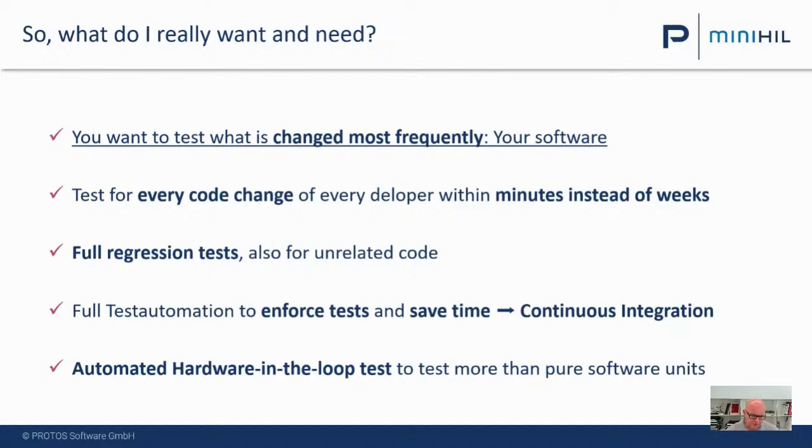And if we're talking about embedded systems, it's really useful to have an automated hardware in the loop test, because we want to test more than pure software units. So if you're only interested in unit tests for normal software, you can stop now. But if you're doing development for embedded systems, you should listen a little bit more, maybe.